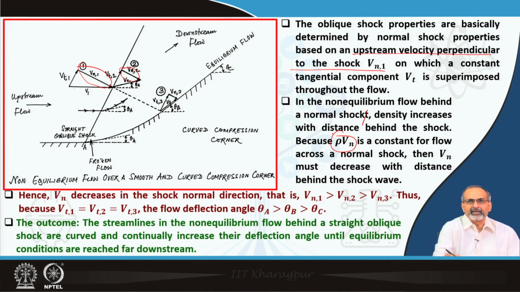Hence, V n decreases, and therefore, V n 1 is greater than V n 2 is greater than V n 3, while the tangential components remain conserved, which we already said. What is the consequence?